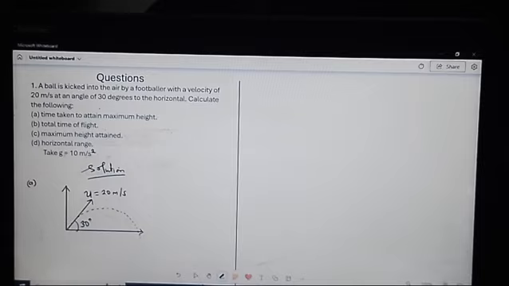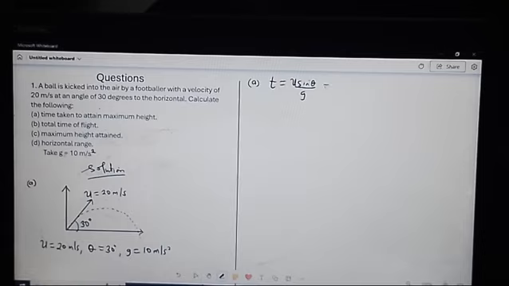So in this particular problem, the initial velocity is 20 meters per second. The angle is 30 degrees. And g, of course, is given as 10 meters per second square. So therefore, we just simply apply the formulas one by one. For A, the time taken to attain maximum height is t equals u sine theta over g.